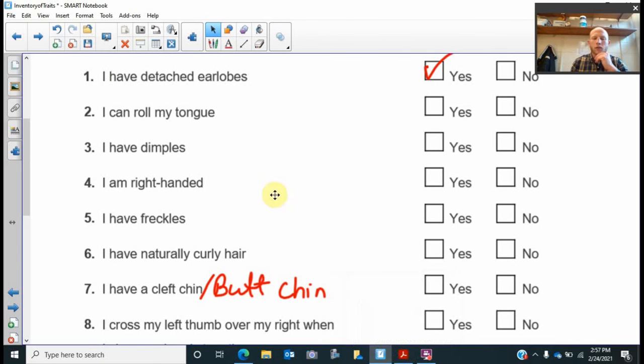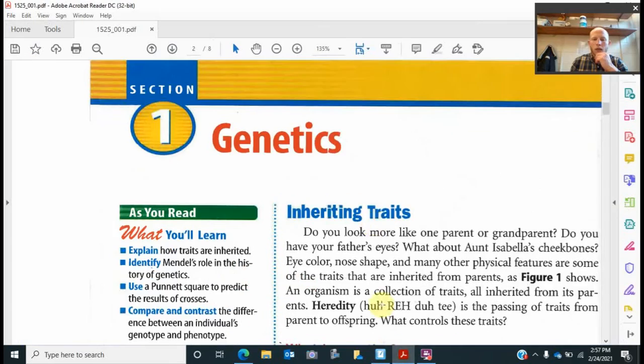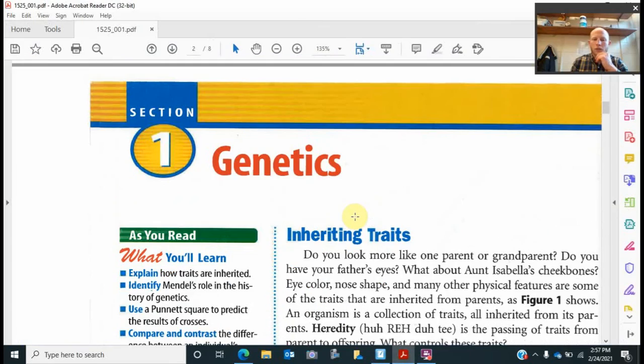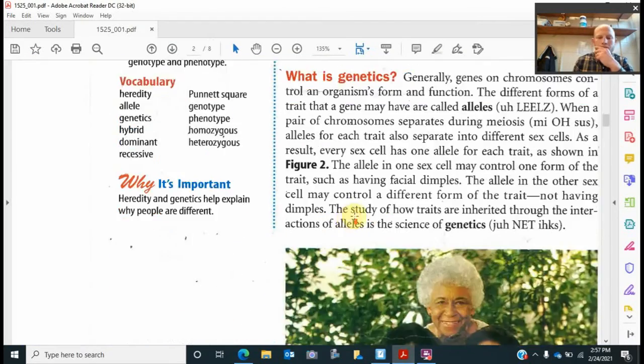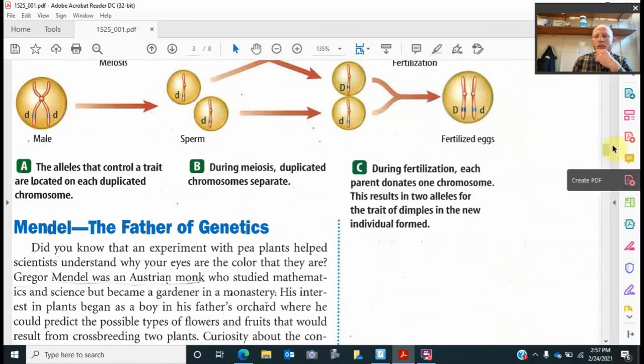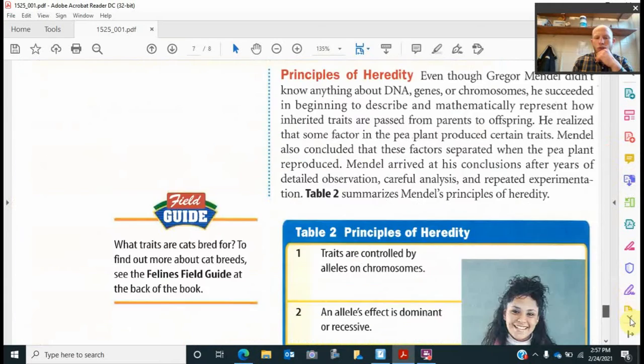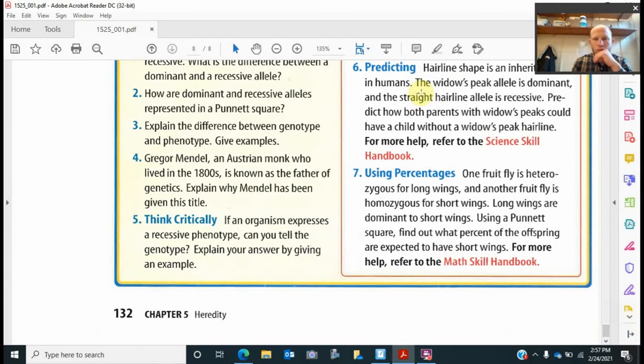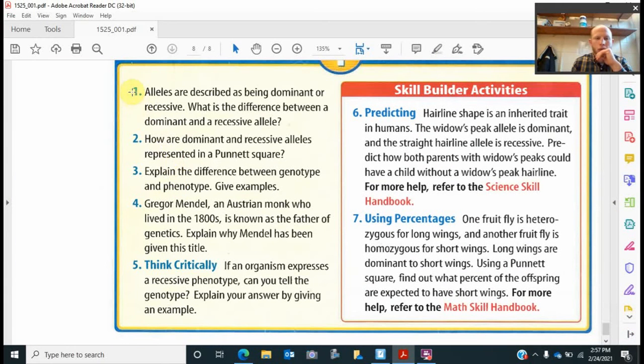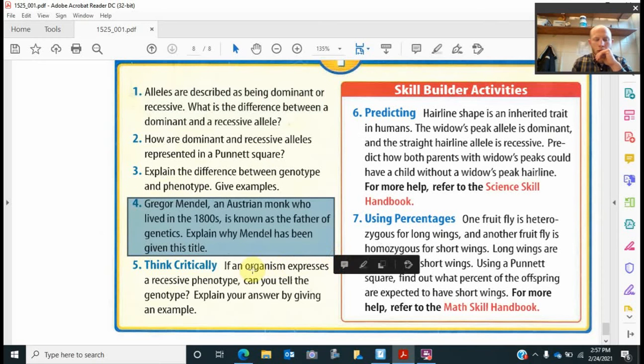So after we got done doing this, we filled this out. I went ahead and gave this out. We have a reading here, and at the end, I only assigned questions 1, 4, and 5.